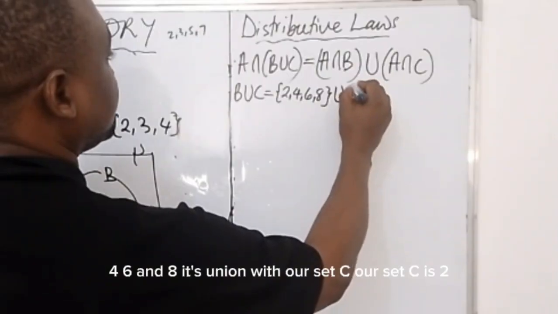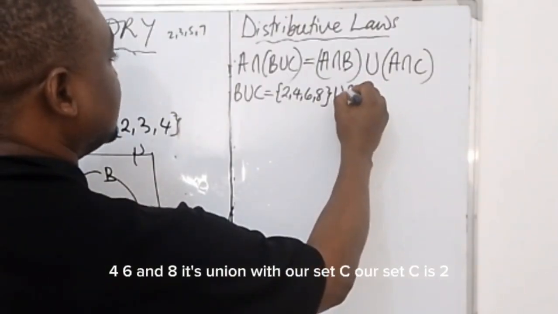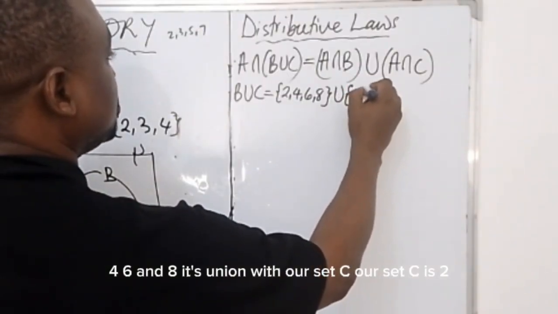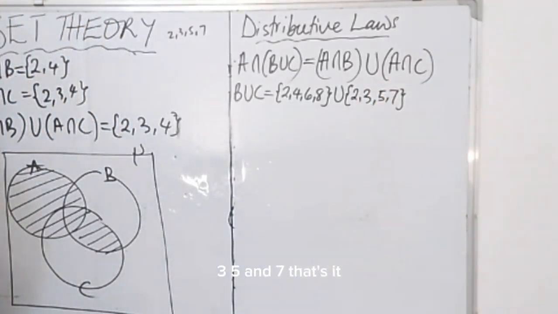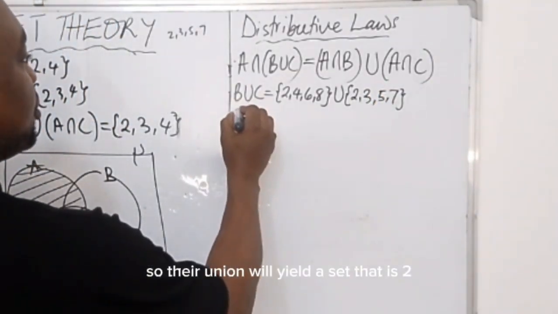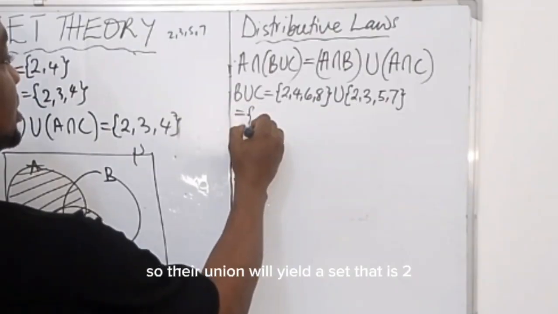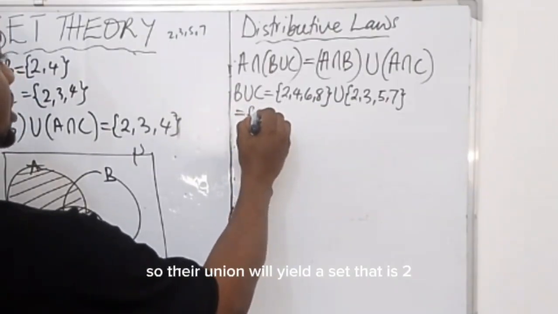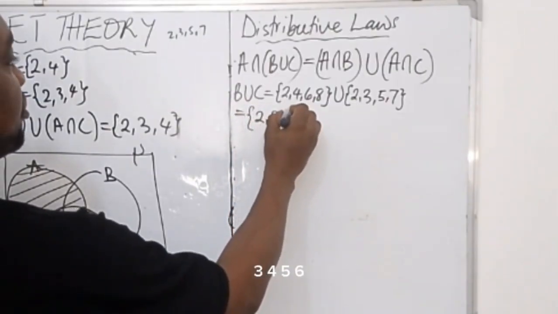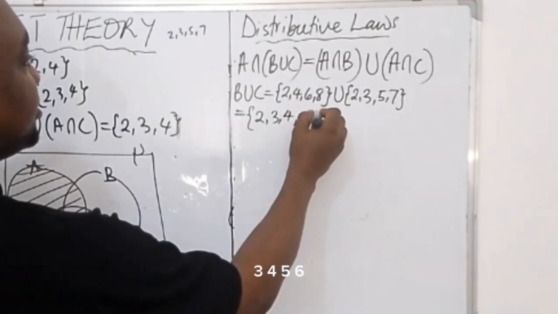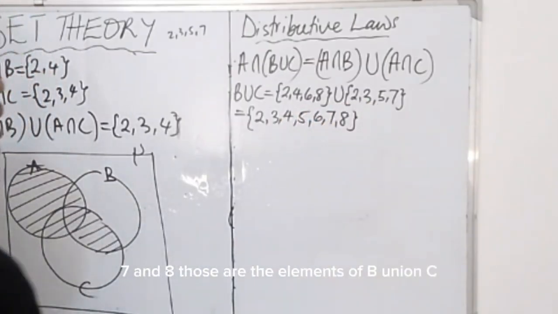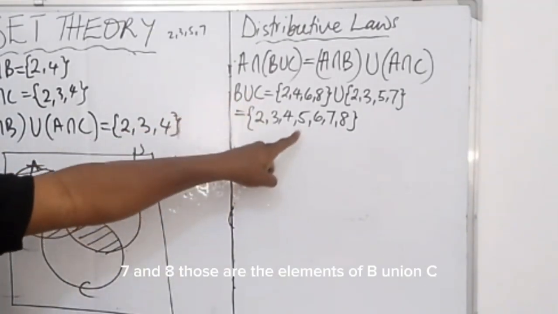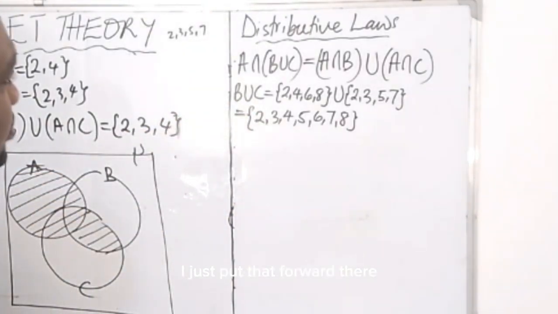Its union with our set C, which is 2, 3, 5, and 7, will yield a set that is 2, 3, 4, 5, 6, 7, and 8. Those are the elements of B union C. I just put that forward there.